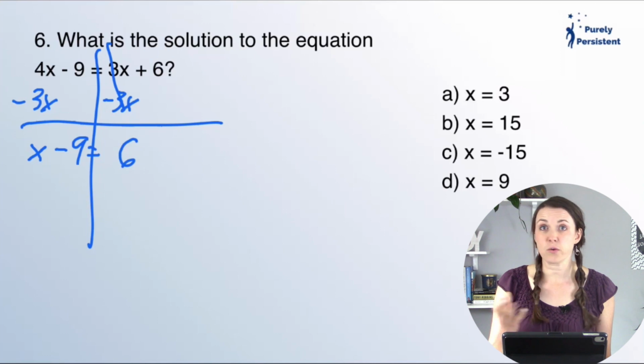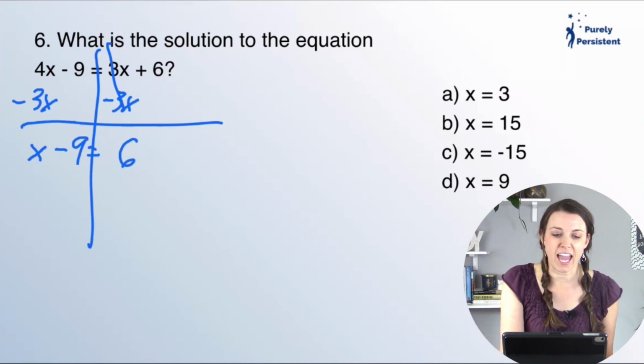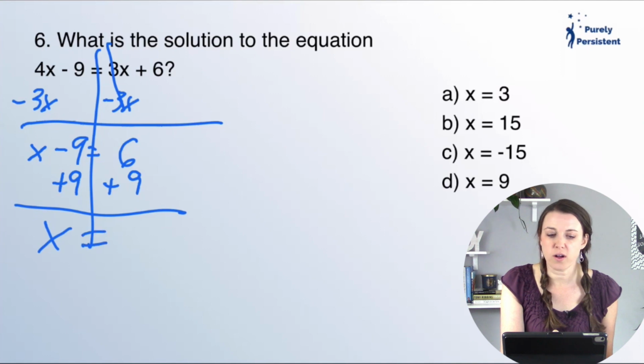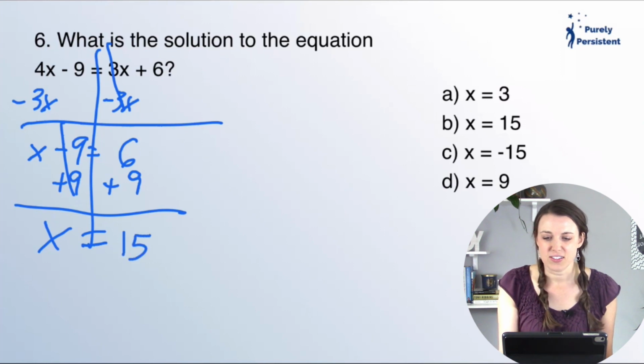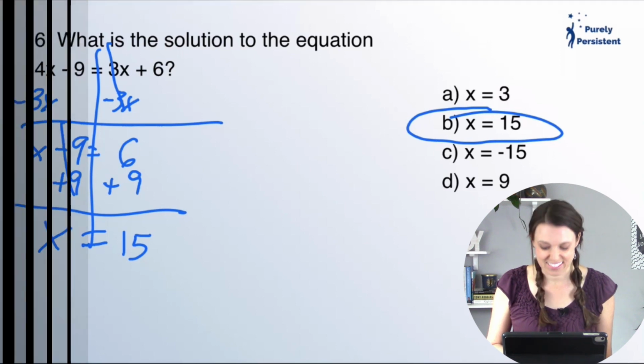All right, how do I get rid of the negative 9? By adding. So I'm going to add 9 to both sides. And I have here x equals 6 plus 9. That cancels out. 6 plus 9 is 15. So my answer here is B, x equals 15.